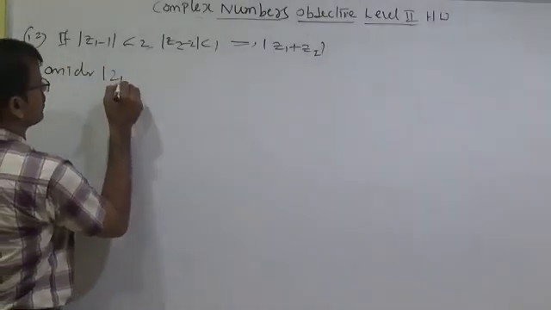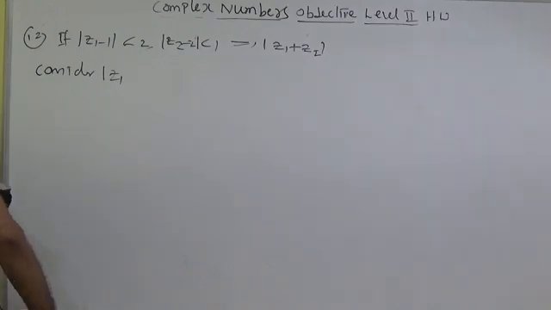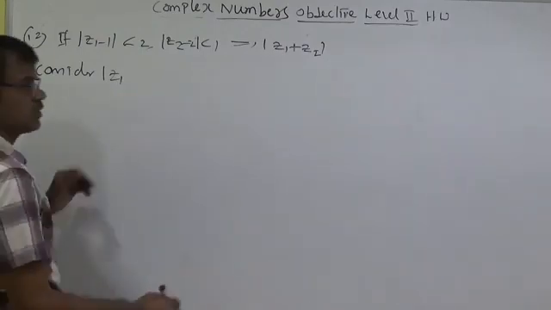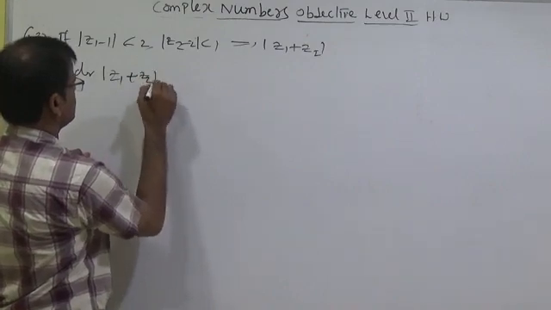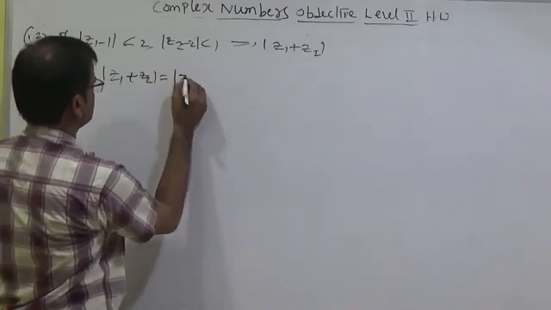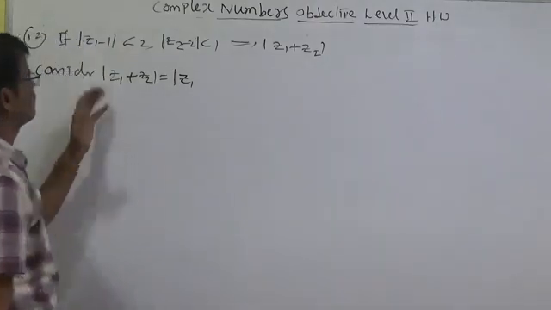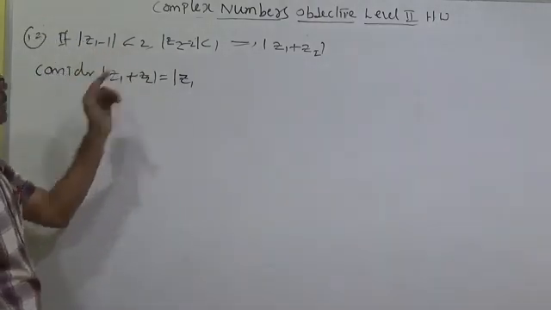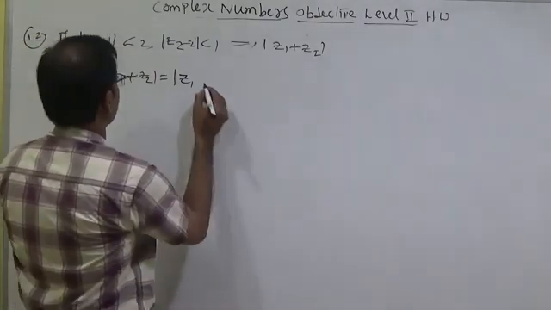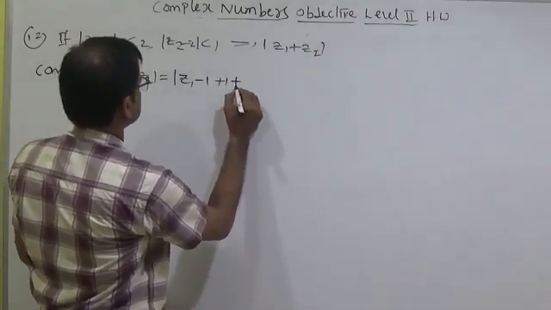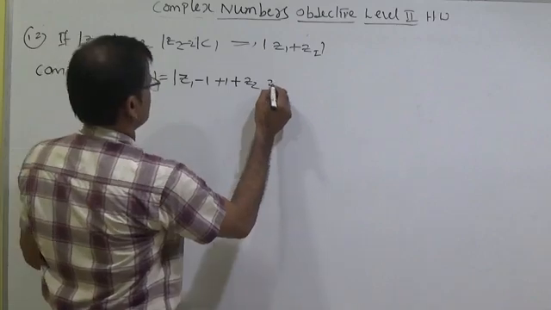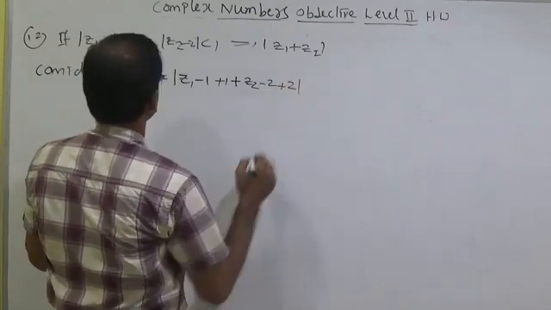Consider modulus of Z1 plus Z2 is equal to. Write like this. It depends upon the given values you should write. Z1 minus 1, of course, plus 1. Plus Z2 minus 2, of course, plus 2.